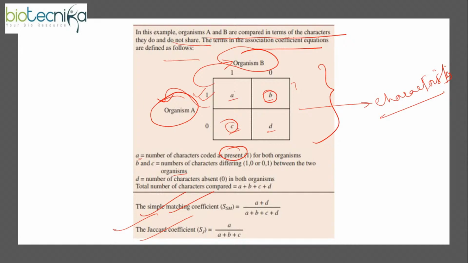Clear? So it is differing. If a character is present for organism A, it might not be present for organism B. Or if one character is present for organism B, it might not be present for organism A. So B and C are the number of characters differing between two organisms.